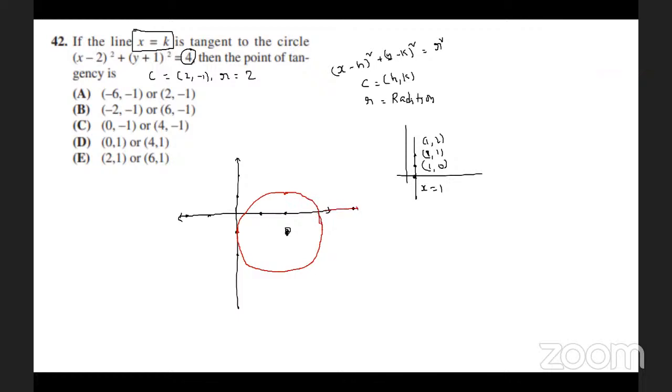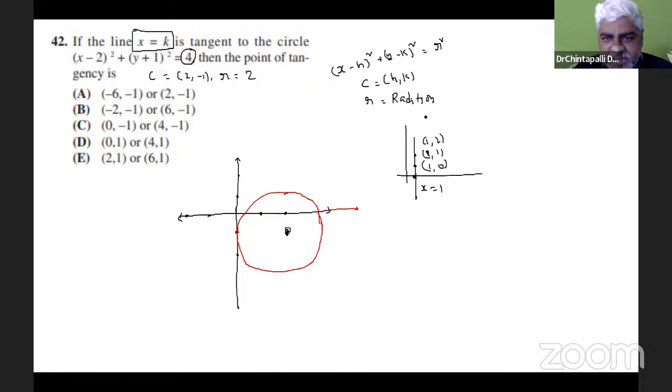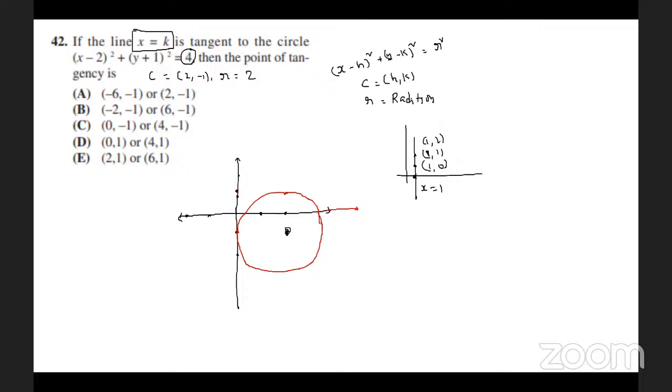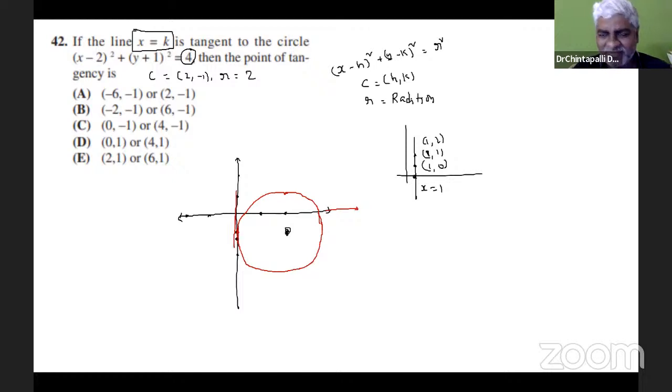Now, see, x equals k means vertical lines. We have understood previously, right? One of its vertical lines is clearly the y-axis. This is another vertical line, right? Its radius is 2 units, so its distance is also 2 units.